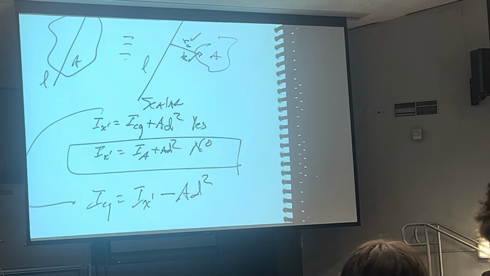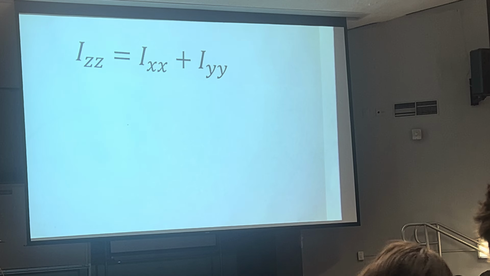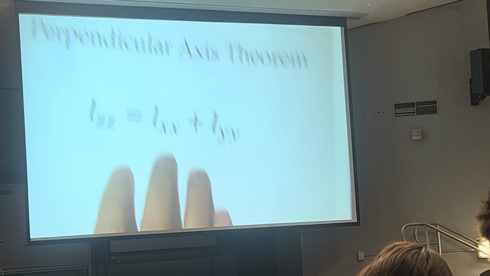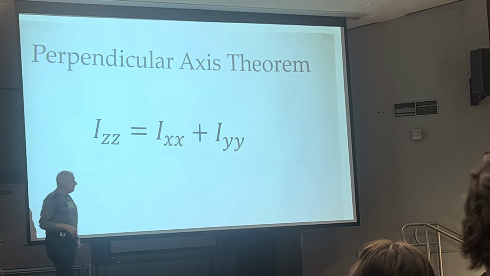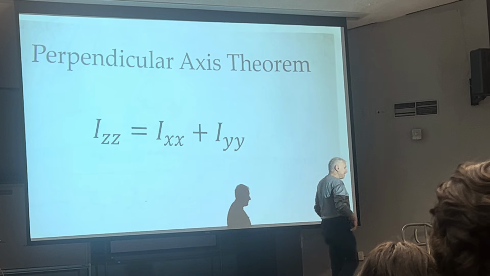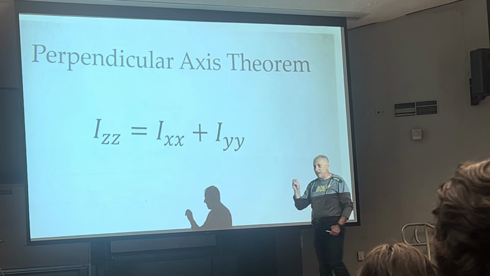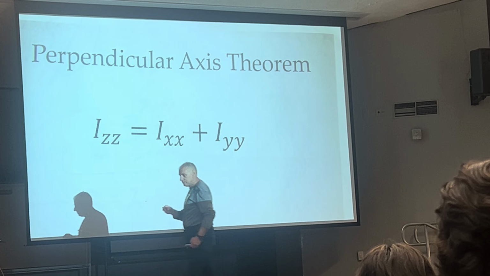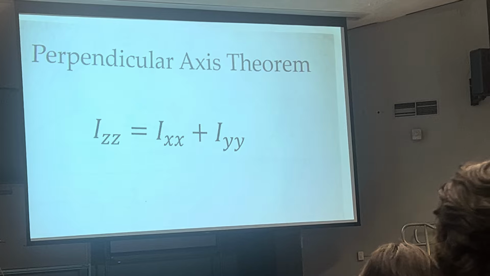Last thing before we get to the problems: there's also a perpendicular axis theorem, which says if you know Iyy and you know Ixx, then you automatically know Izz. It's just the sum of the two axes. Pretty easy. Got it?